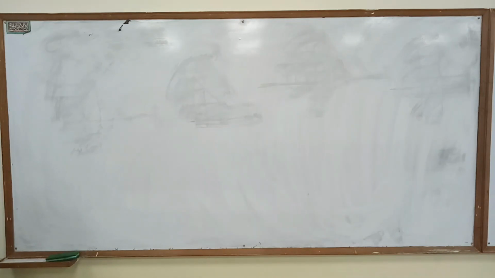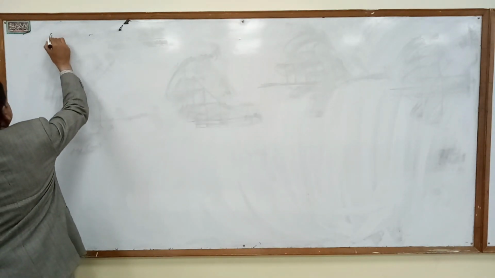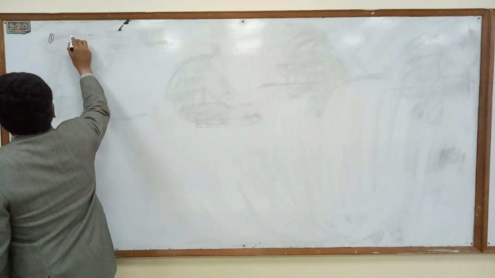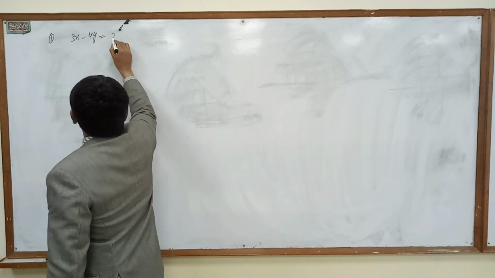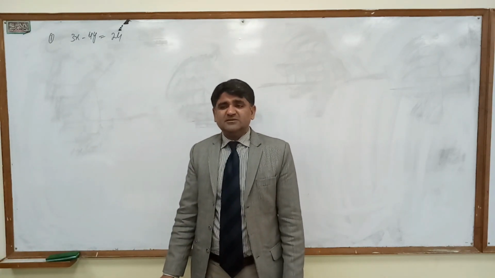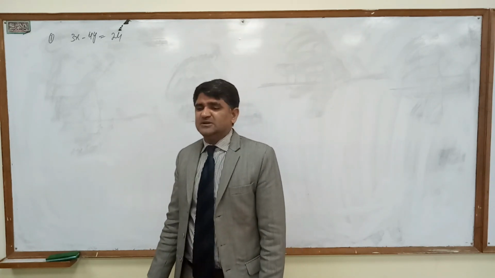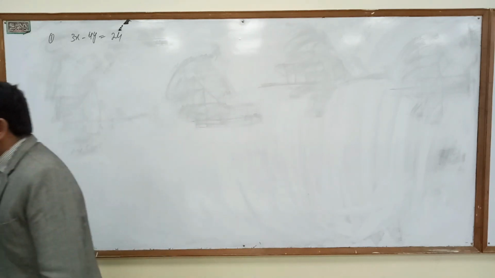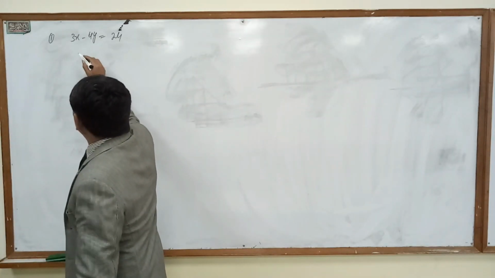If we look at question number 1, exercise number 2.2, question number 1: 3x minus 4y is equal to 24. We have to determine the x-intercept and y-intercept.